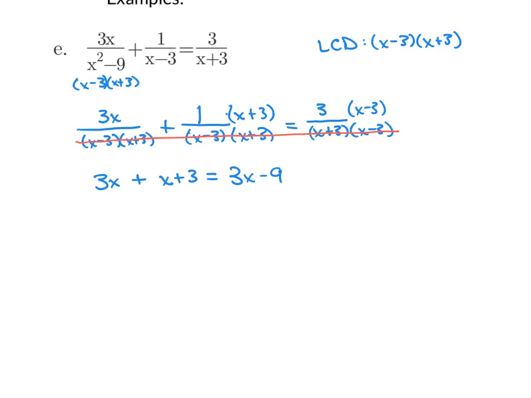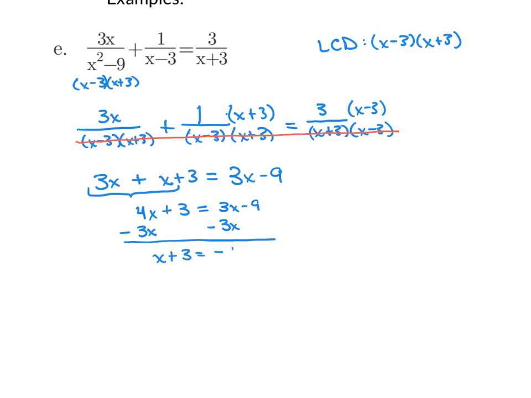We get on the right 4x plus 3 equals 3x minus 9. This is a linear equation, so I'm going to subtract 3x from both sides. We get x plus 3 equals negative 9, and I can subtract 3 from both sides. And we get x equals negative 12.